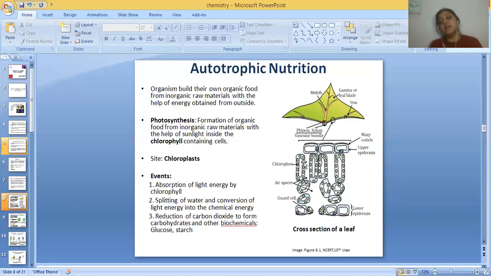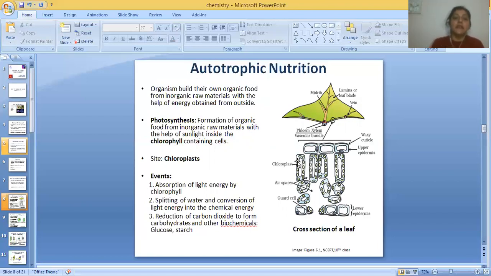Palisade parenchymatous cells are cylindrical or columnar in shape, and these are the spongy cells. Most of the chloroplasts are found in palisade parenchymatous cells, and these are the guard cells. This is around the opening known as stomata. So this is the general cross-section of the leaf, and chloroplasts contain chlorophyll, which helps in the photosynthesis process.